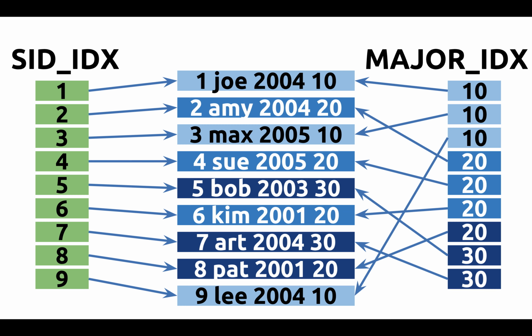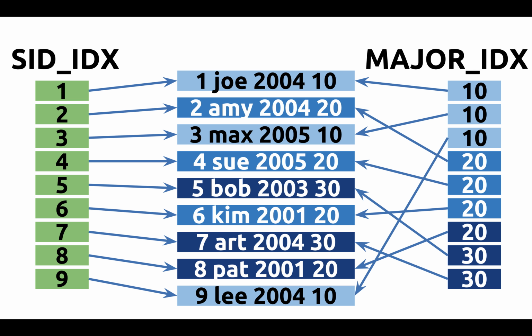Graphically, we can illustrate it this way. A unique identifier, we create an index here. It takes the primary keys, 1, 2, 3, 4, 5. These are the original records. This is the original table with a primary key, student ID, a student name, year of graduation, and the department, the major ID, where they're enrolled. 30, 20, department 30, department 20.